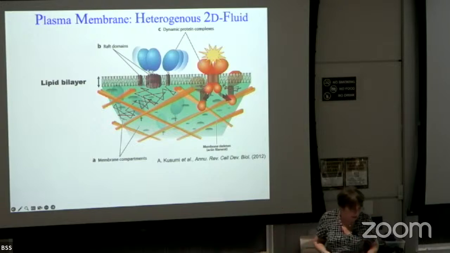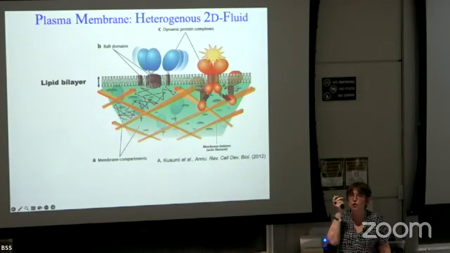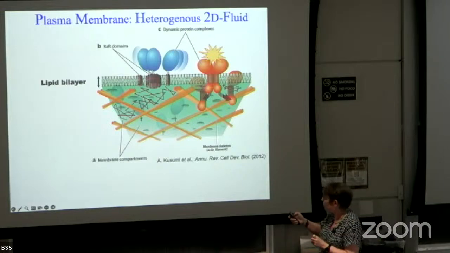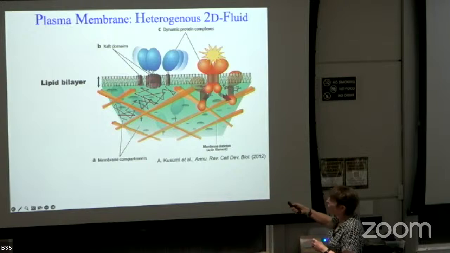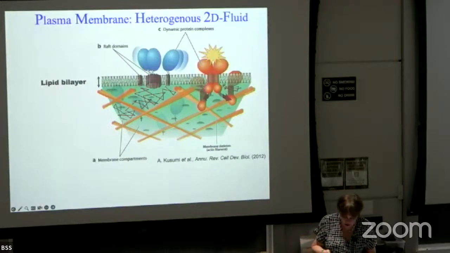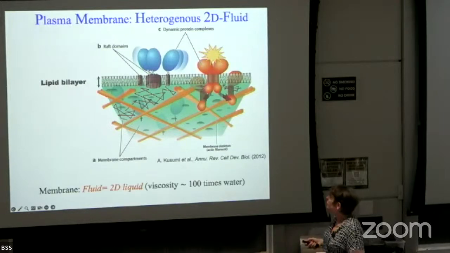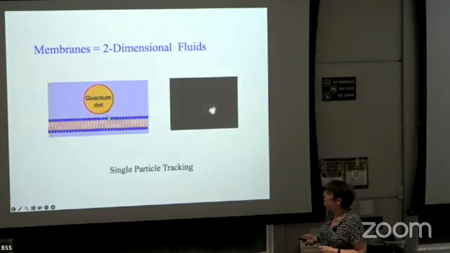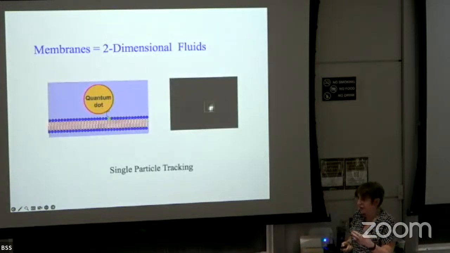So meaning that if you are able to put a tracer on one of these molecules, it could be on a lipid or on a protein, you can see it diffusing. And this has been done a lot using different ways.